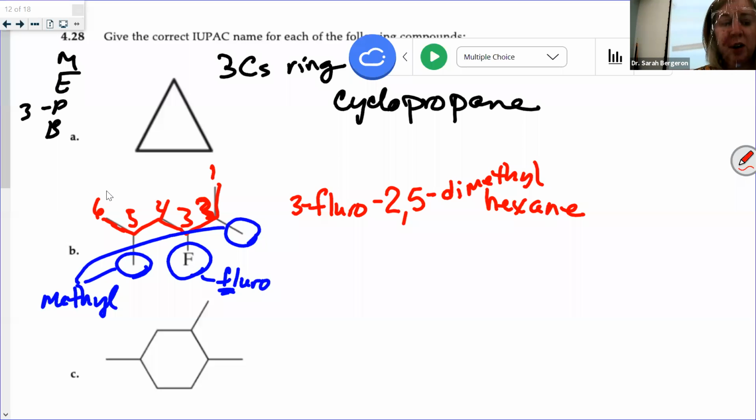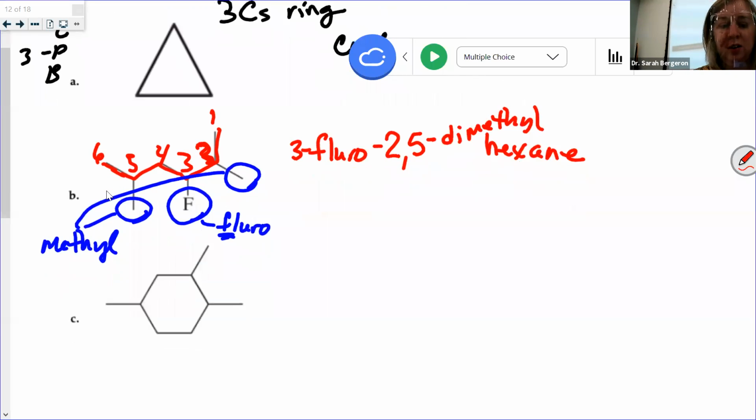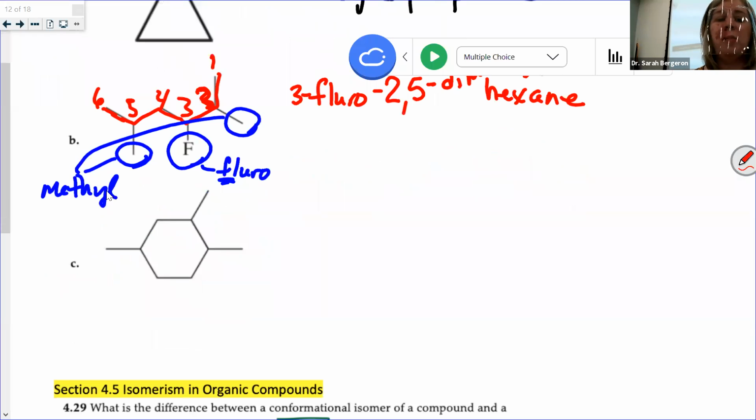Okay, so our next one. How do I know if I'm going to name my ring as the parent or a substituent chain as the parent? I'm looking for my longest chain of carbons. So is my longest chain of carbons in the substituents or is it in the ring?